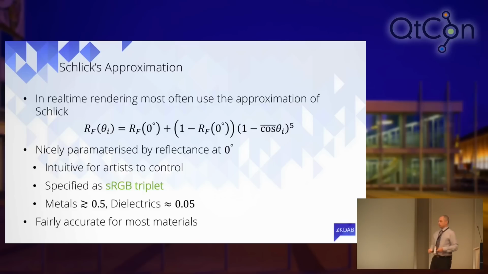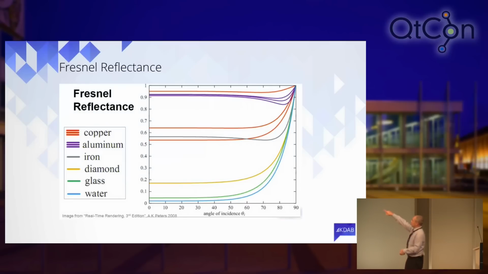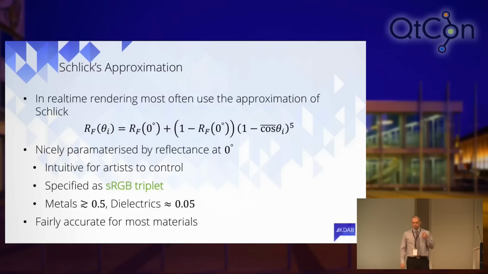For other materials, such as wood and cardboard and plastic, we would choose a very, very low value for RF0, because remember, our dielectrics are right down the very bottom of this graph. They have incredibly low values. Metals are much higher, like 0.5 or above. And that's actually pretty accurate for most materials. So that's good.